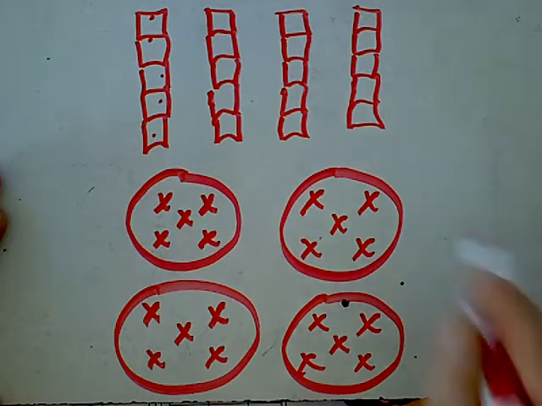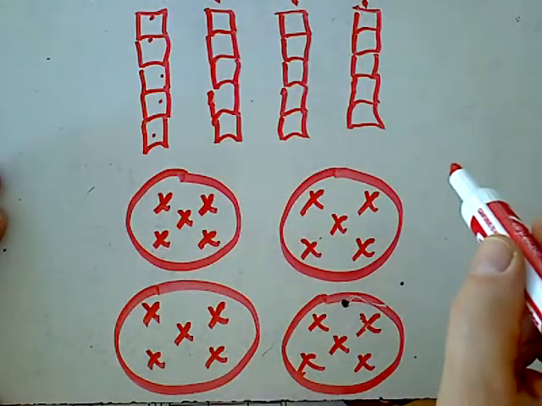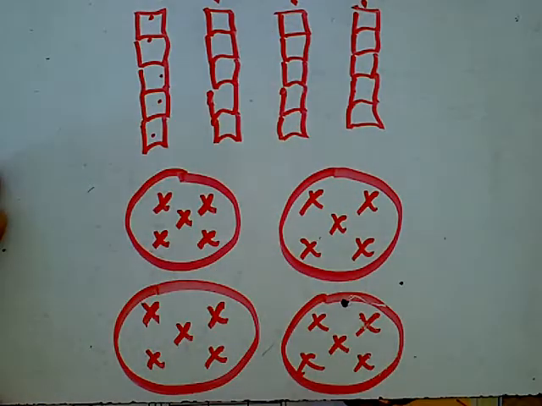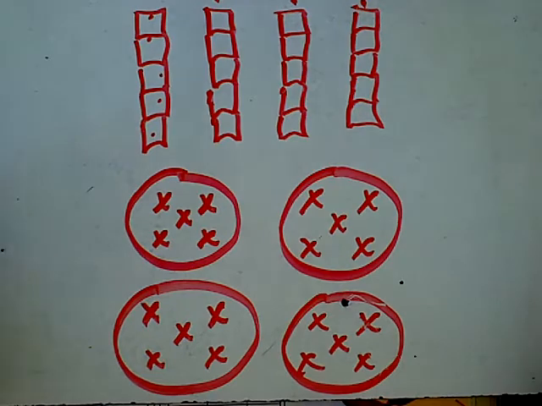All right? So both of these things show 4 groups, and 5 in each group. Okay? 4 groups, and then 5 in every group.